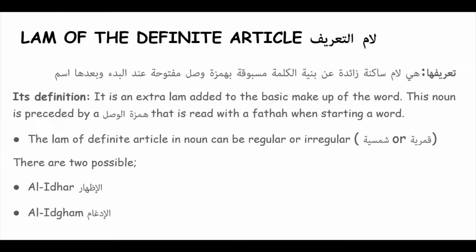It becomes useless. It doesn't serve any purpose again, because we've already been able to pronounce the beginning of a word. So hamzatul wasl, when you see it, it doesn't have fatha. It has a very special symbol that looks like the head of a sword. It is not fatha, it is not kasra, it is not dhamma. So that is hamzatul wasl, and we can find it at the beginning of Surah Al-Fatiha, alhamdu.